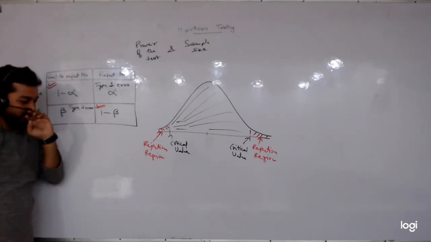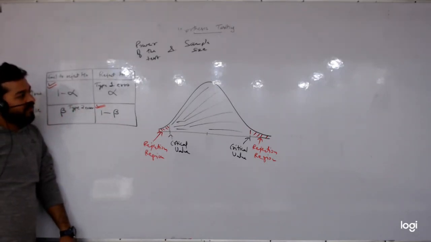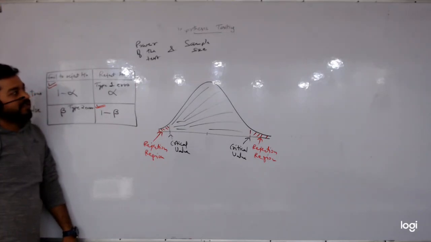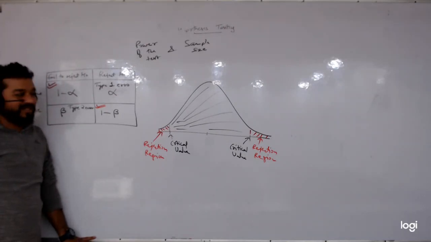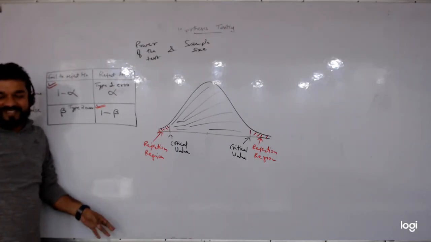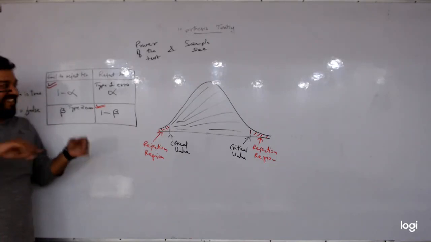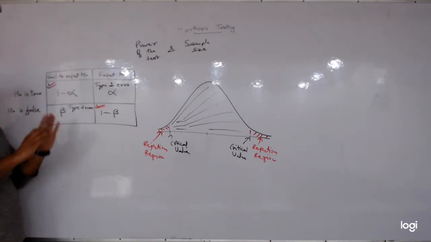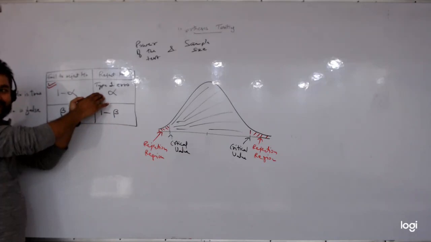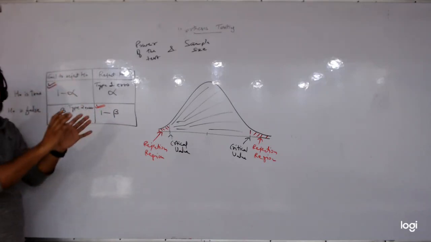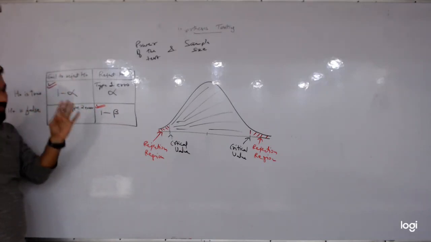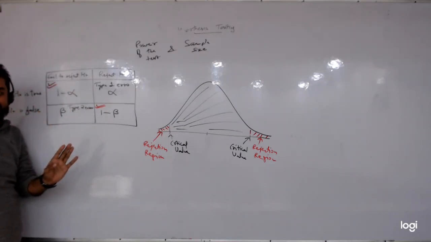So let's say a girl approaches a boy and says, I'm in love with you, and she's speaking the truth, and the boy says, I do not believe you. The boy is making a type 1 error. The hypothesis is true, he is rejecting it. So rejecting a true hypothesis is type 1 error. Whenever you forget it, you just think of the boy. The boy is making type 1 error.